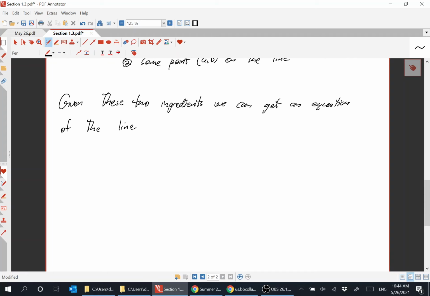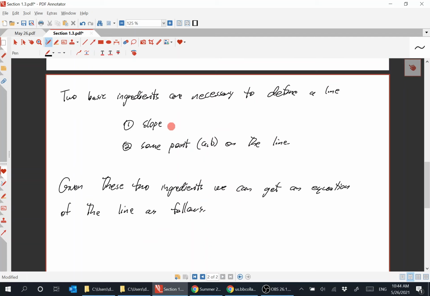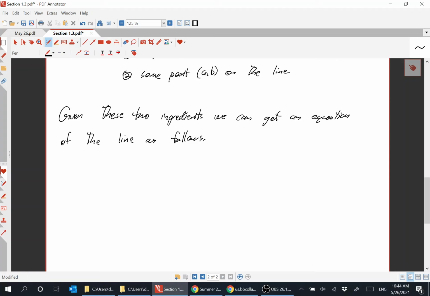So the equation of the line can be given in two forms. Given these two ingredients, we can get the equation of the line as follows. So, the slope, we'll call it M, and some point AB on the line.